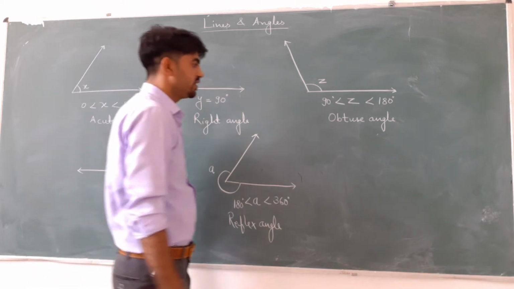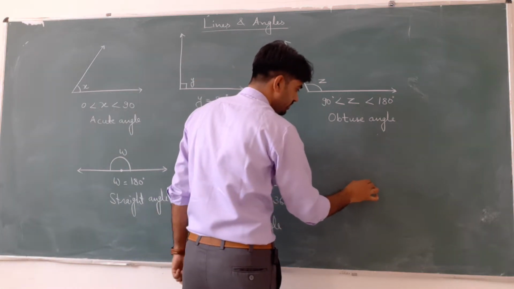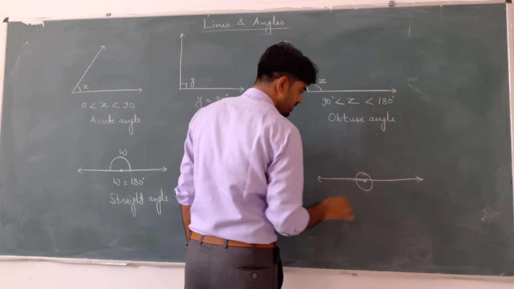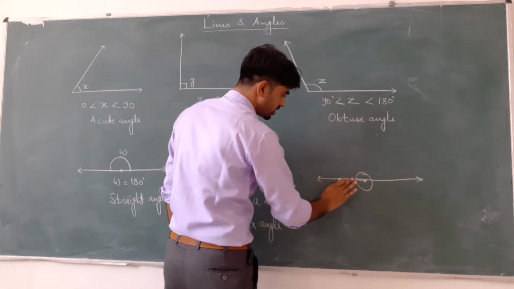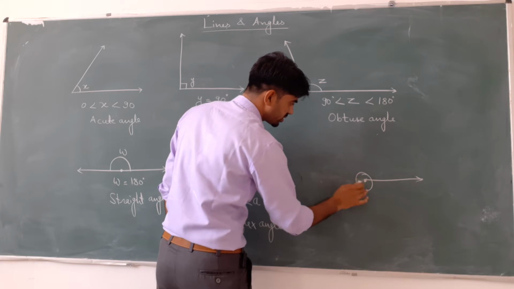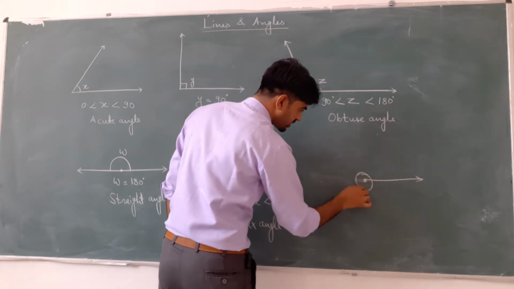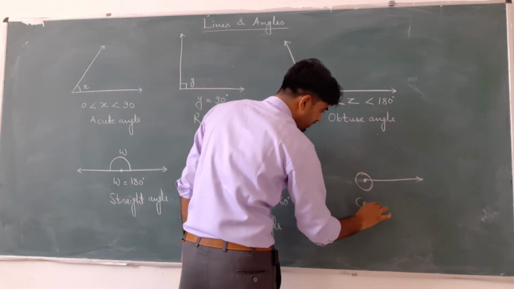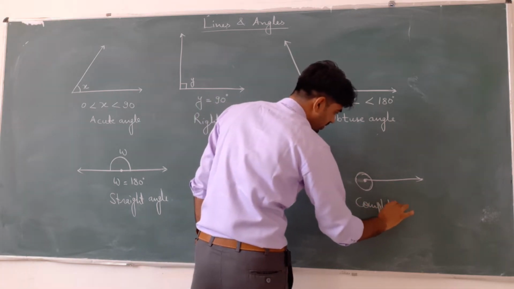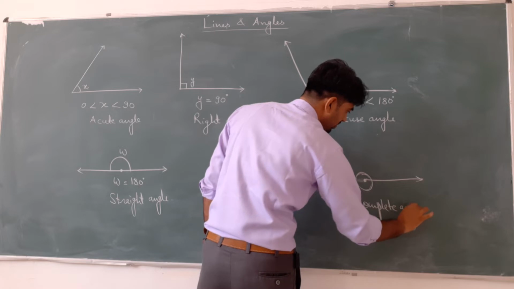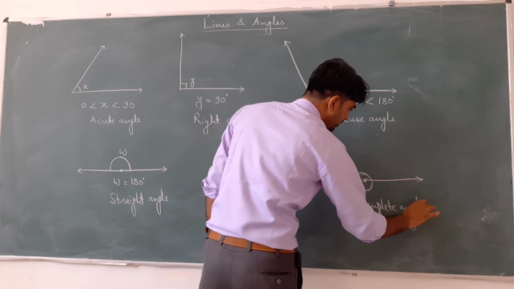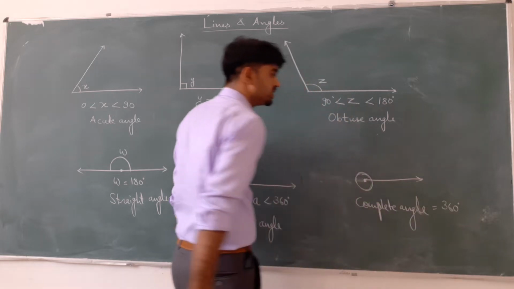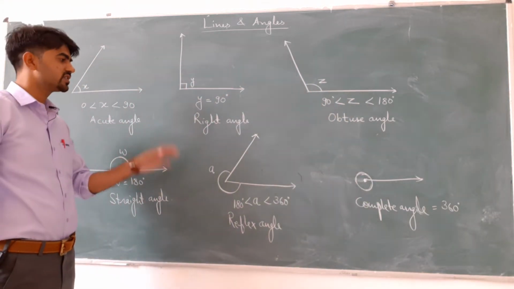And if we have a point here and we take an angle which is complete, so at this initial point a complete circle is formed, then it is called complete angle, and it is always equal to 360 degree.